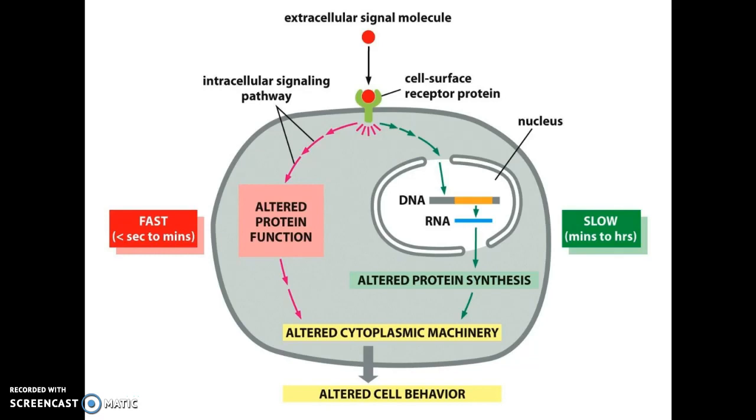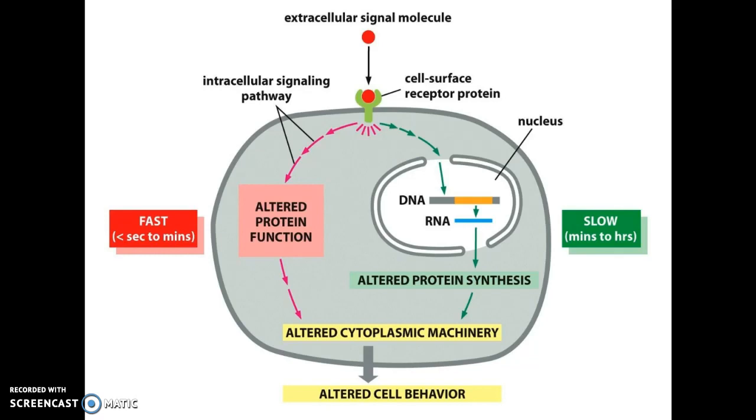And then if the signaling cascade requires new gene products, so some sort of altered DNA synthesis, so transcriptional control, and then you're talking much longer, 30 minutes, an hour, several hours.